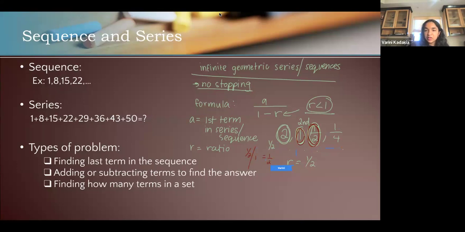Does that make sense to everyone, how we got 1/2? So basically, to recap, to get the ratio, you take any pair of terms.